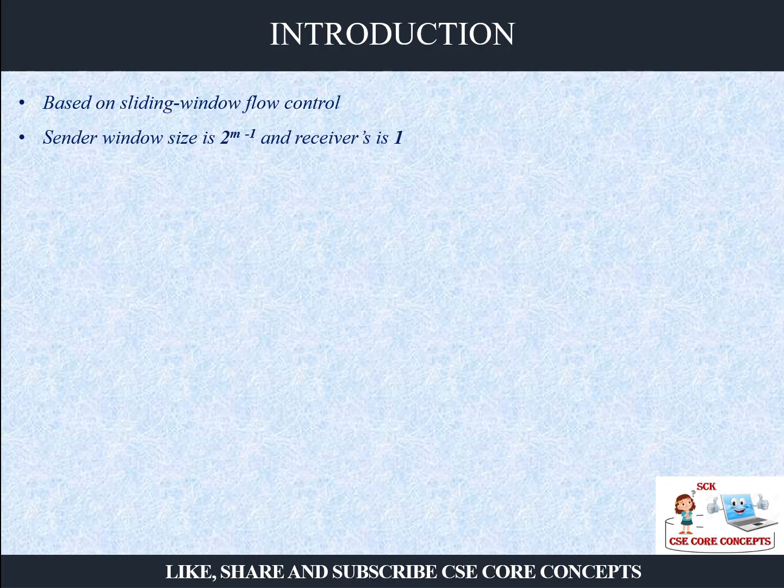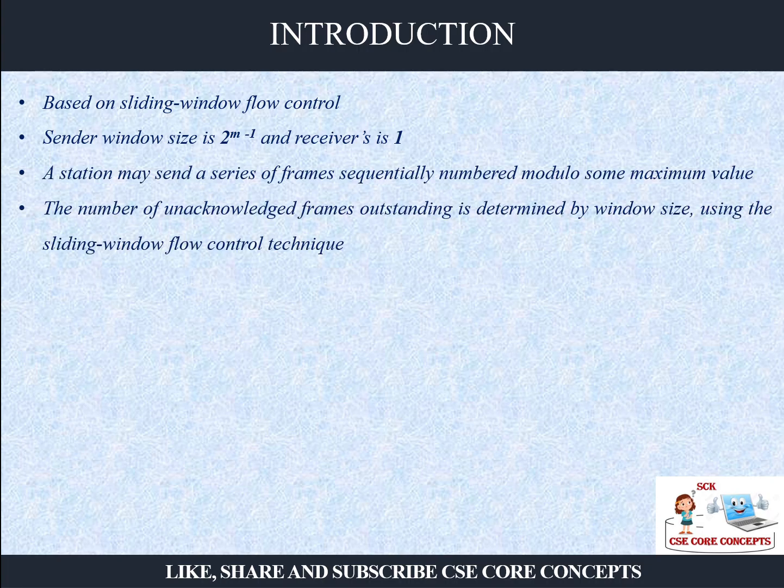So basically this ARQ technique, that is automatic repeat request technique, is based on the sliding window protocol. But here the sender's window size is 2 raised to m minus 1 and the receiver's window size is only 1. That means it can receive only one frame at a time.